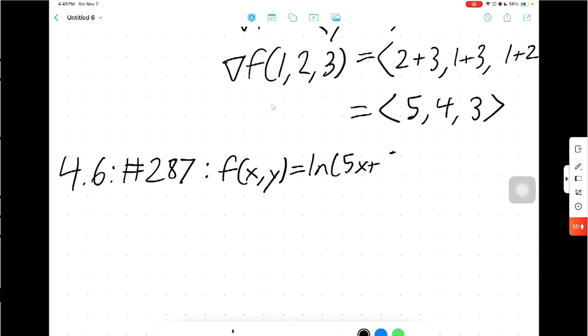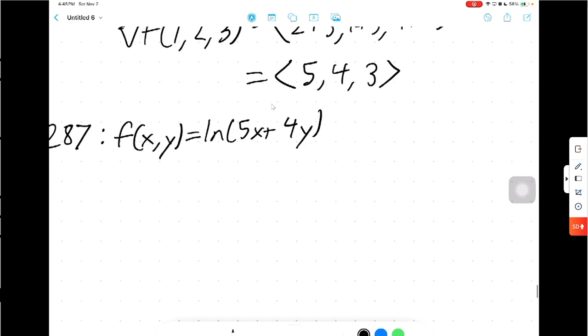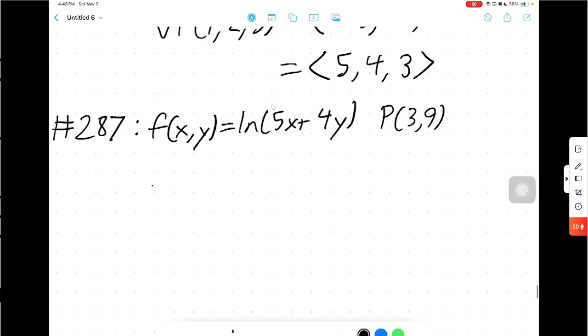F of xy is equal to ln of 5x plus 4y, and we're given a point 3, 9, and in the direction of u, which is equal to 6i plus 8j.